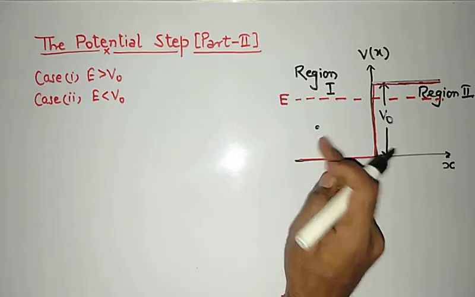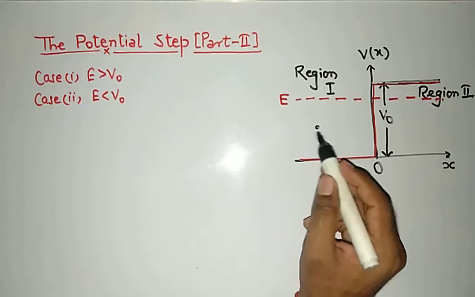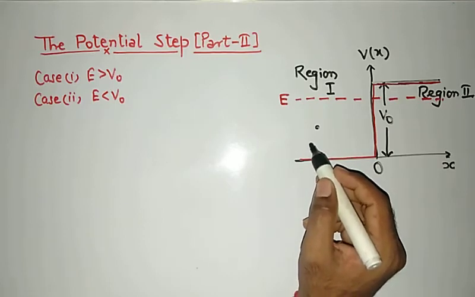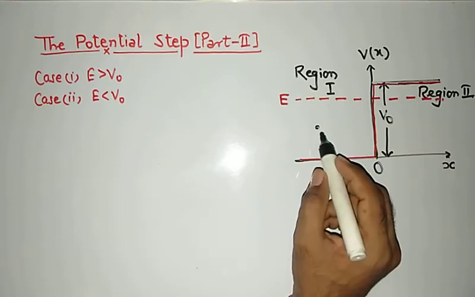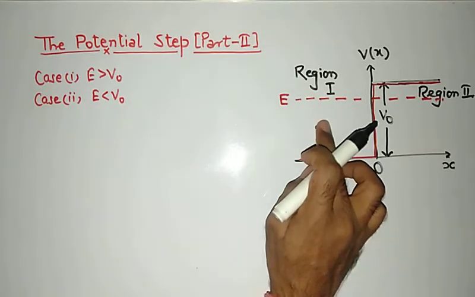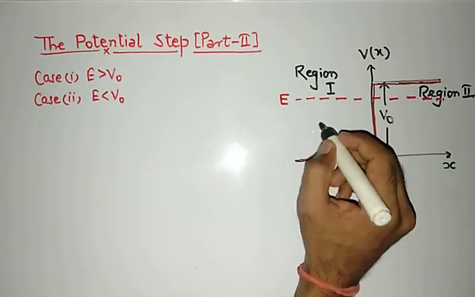As we know, according to de Broglie, for a moving particle there is a wave associated with it, that is a wave packet. This moving particle will be treated as wave. So now drawing waves for this.